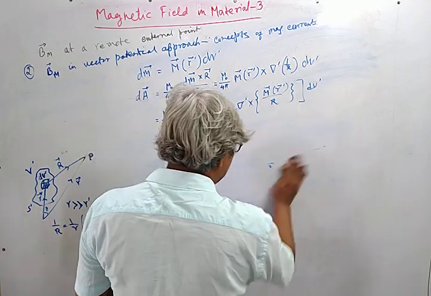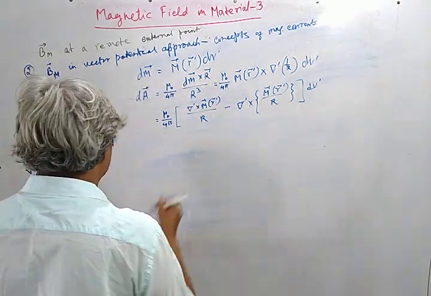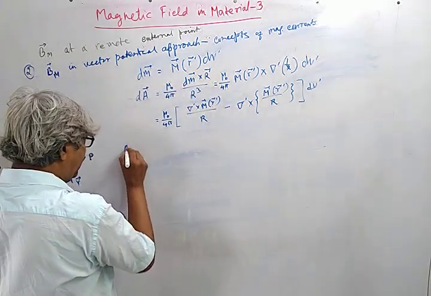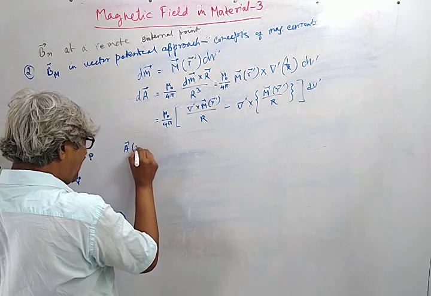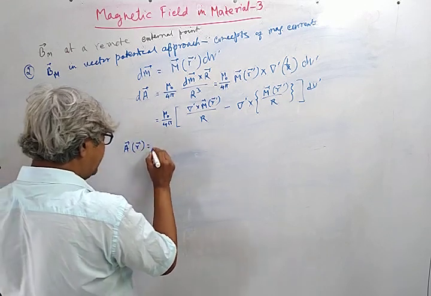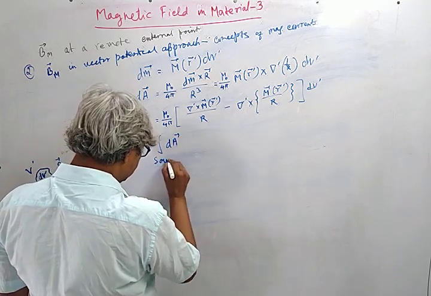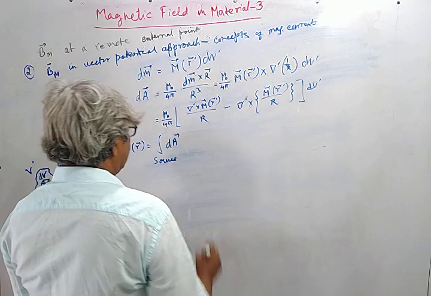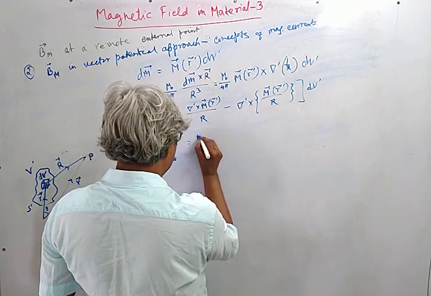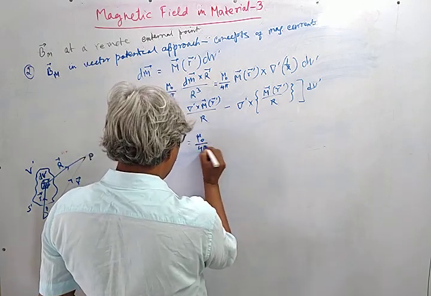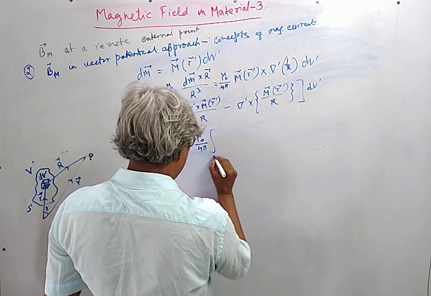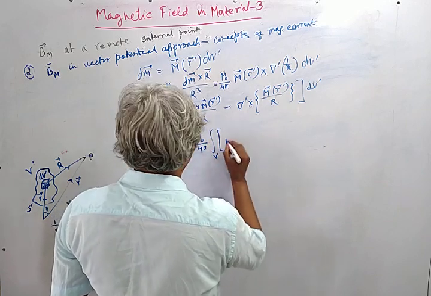So then what is the total vector potential? The total vector potential at P, or at the field point, is the sum of dA over the source. That is to say, mu 0 upon 4 pi, integration over V prime.